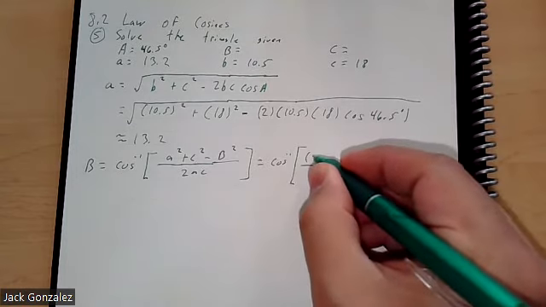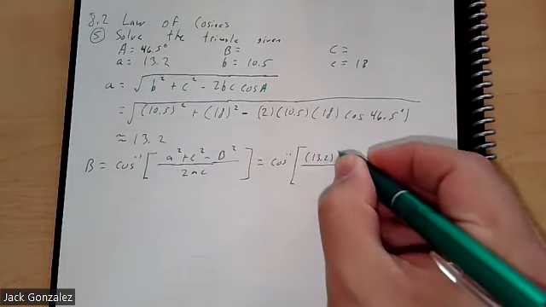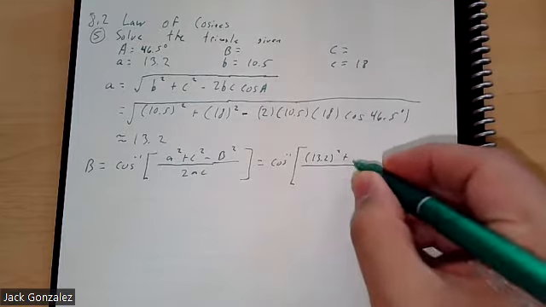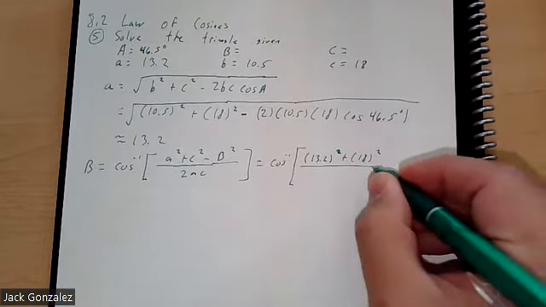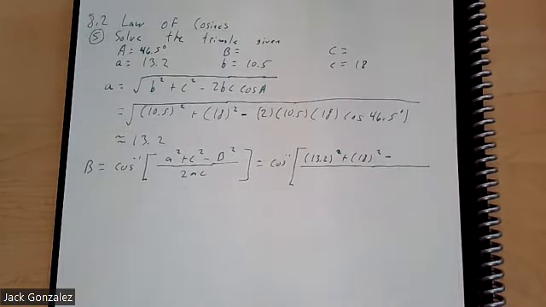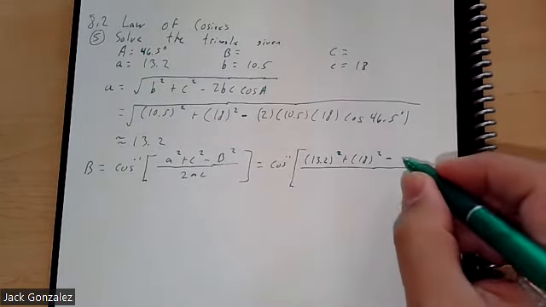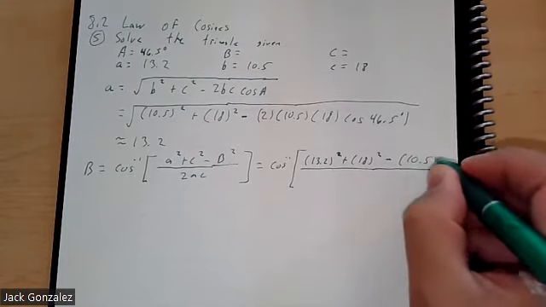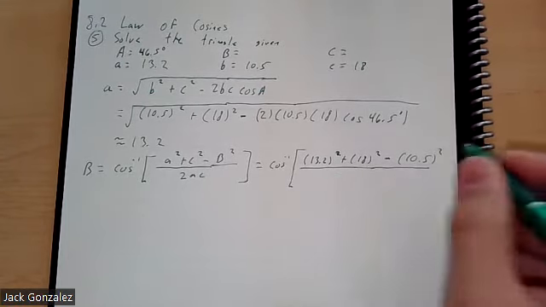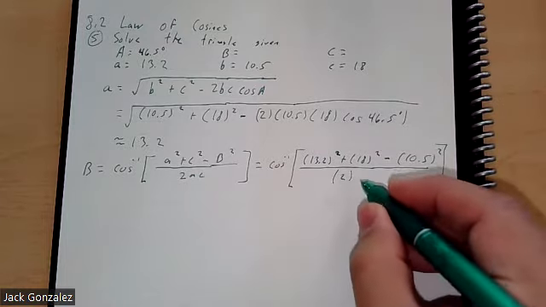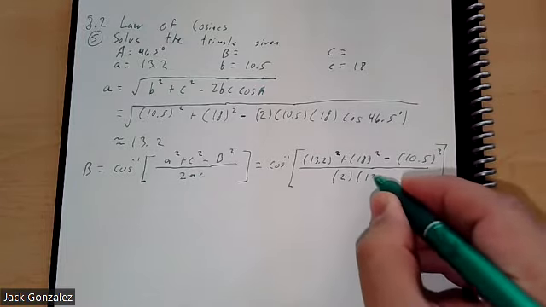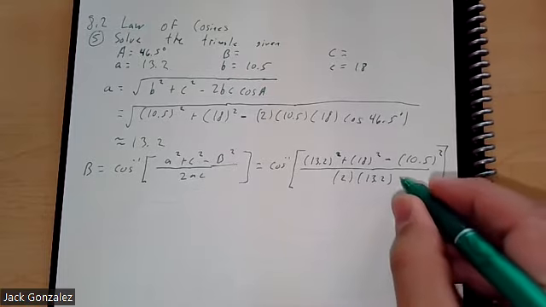That'll be 13.2 squared plus 18 squared minus b squared over 2 times a times c.